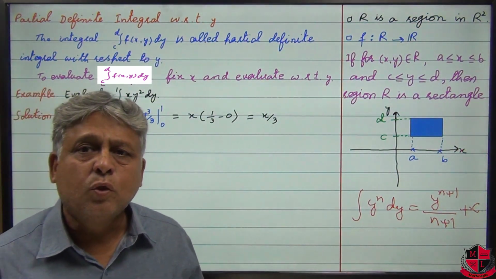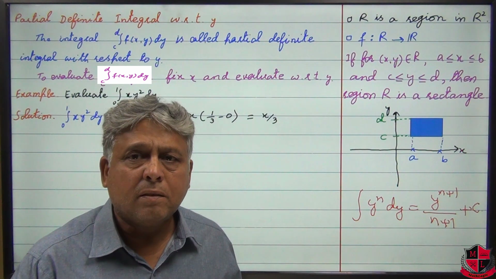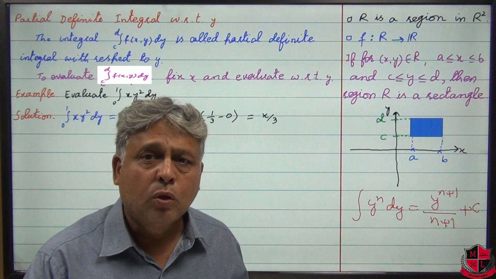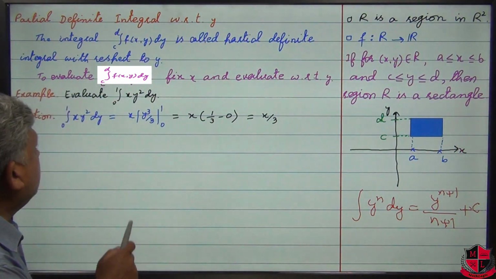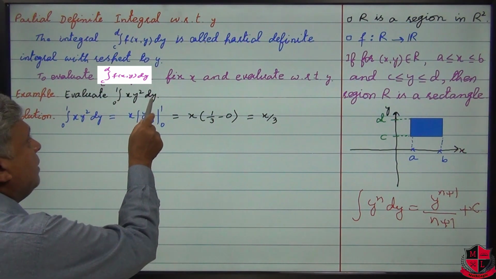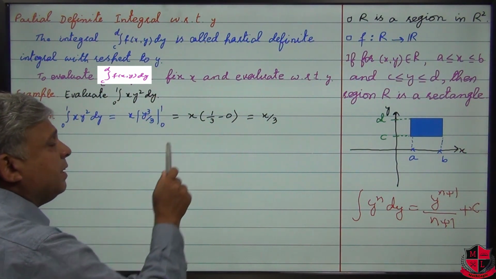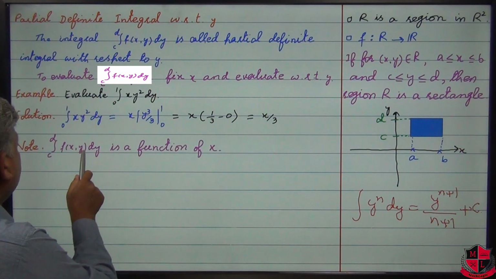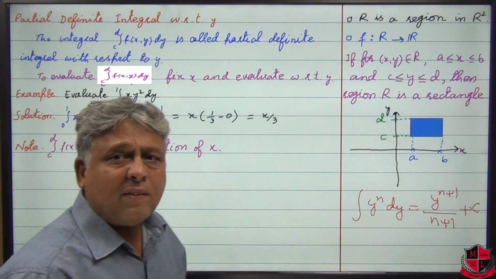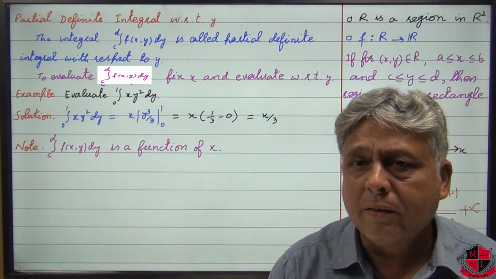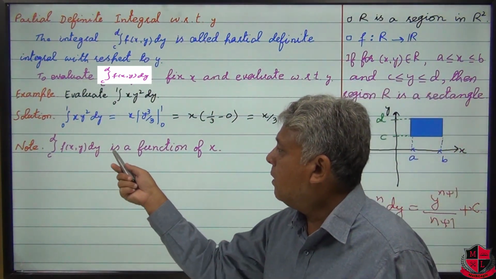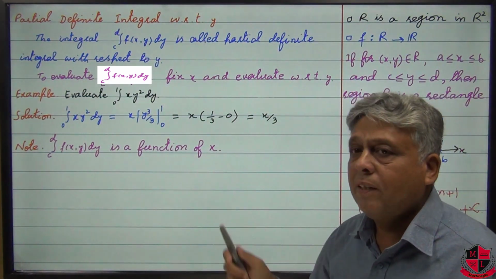As we have noted in the previous case, here is also a point to note that when you evaluate the definite integral with respect to y, the answer will be a function of x. The partial definite integral with respect to x was a function of y, and the partial definite integral with respect to y is a function of x.